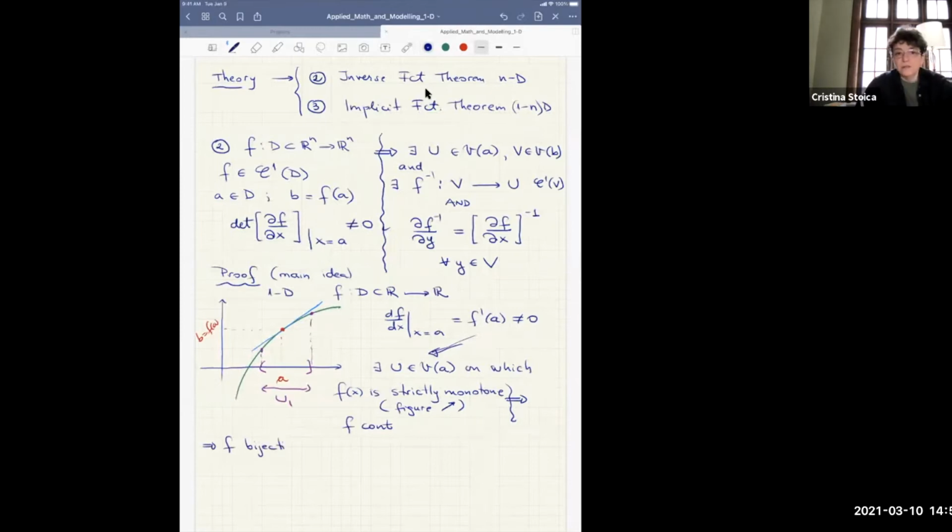It is one to one and onto on this U. And then because it's a bijection, this means that there exists f minus 1, its inverse, defined on V, which we're going to say is f of U, the image of U, and it goes back to U. Its inverse. Okay, all right. So we just showed the existence of an inverse.